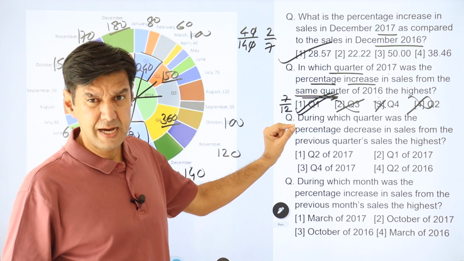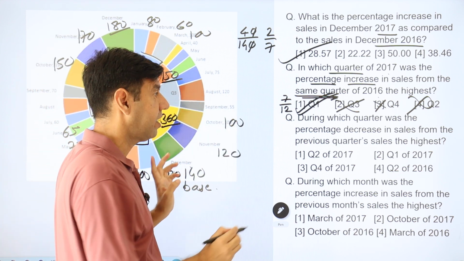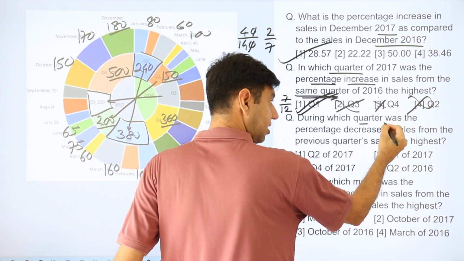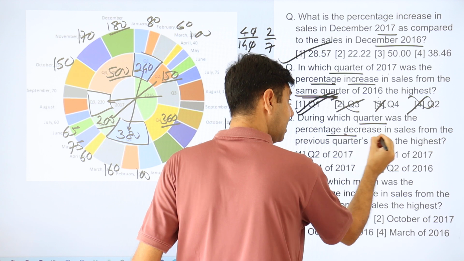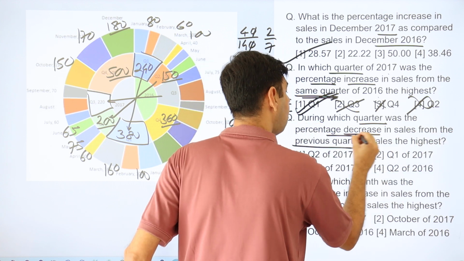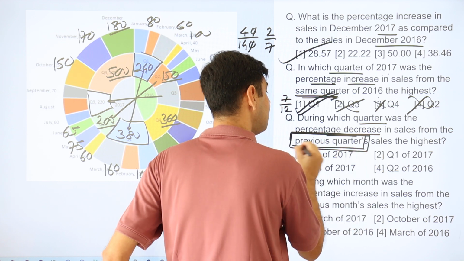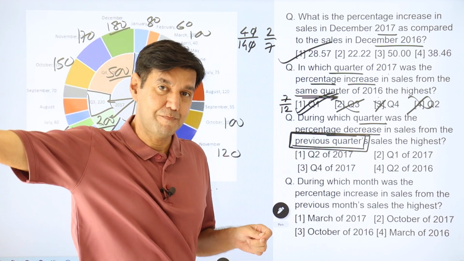A little comprehension of this third question is important. During which quarter, so we are again talking about the quarters, was the percentage decrease? We want to go down from the previous quarter. So you just need to remember it is the previous quarter, not the same quarter in the previous year.